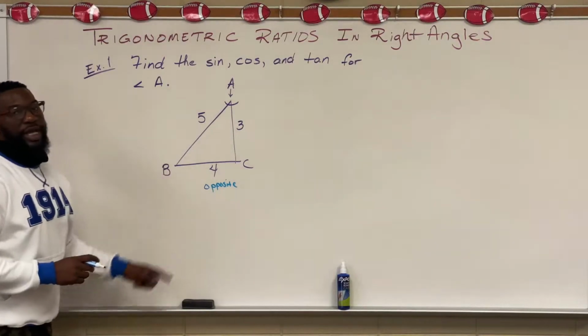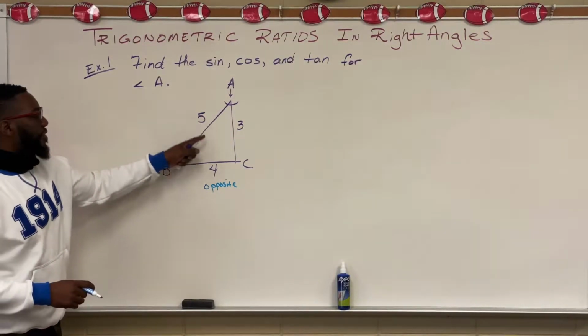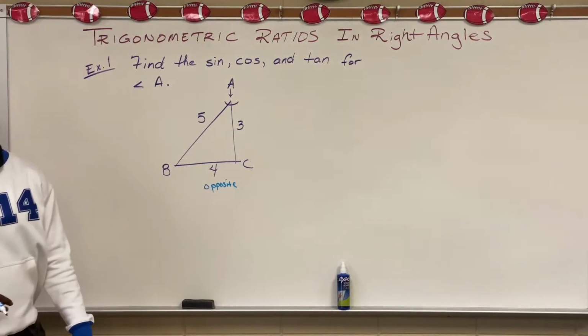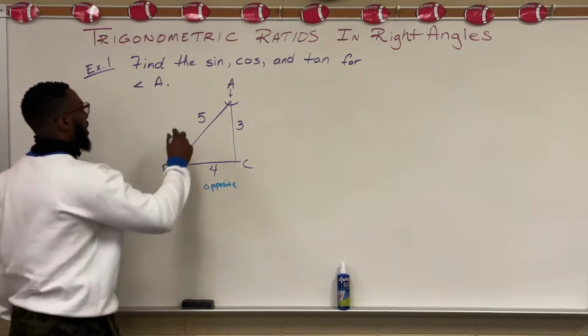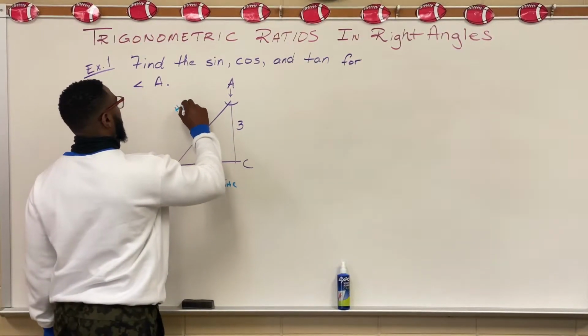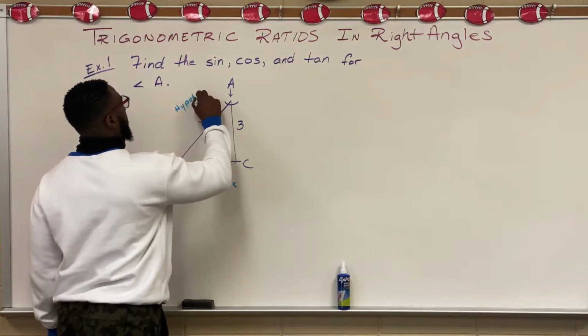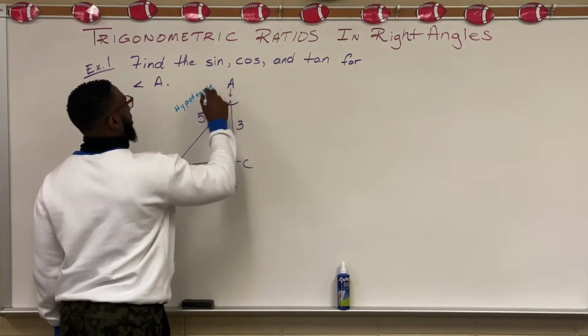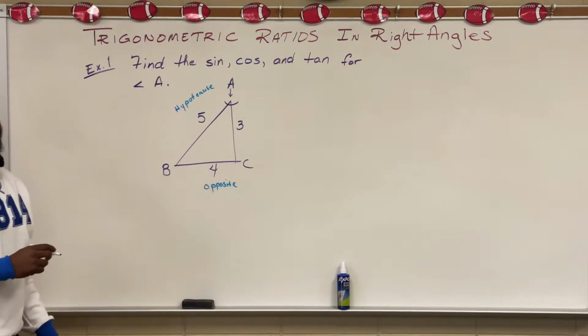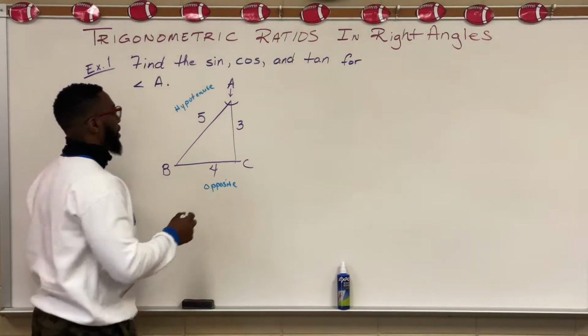Of course, we know that the longest side, in this case, is 5, and it's also opposite of the right angle. So 5 would be hypotenuse. Which leaves side adjacent, which is 3.